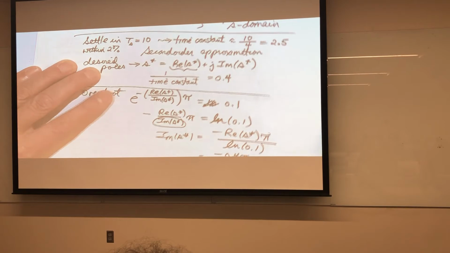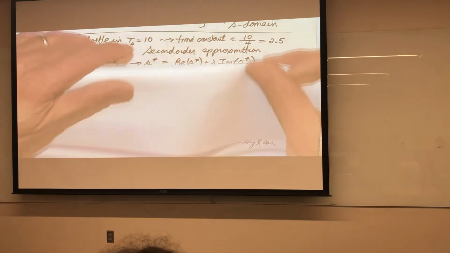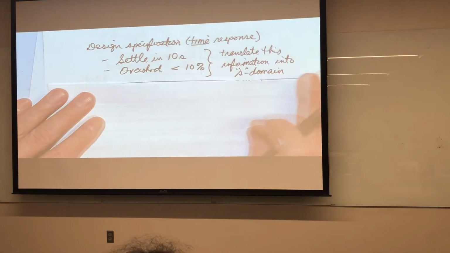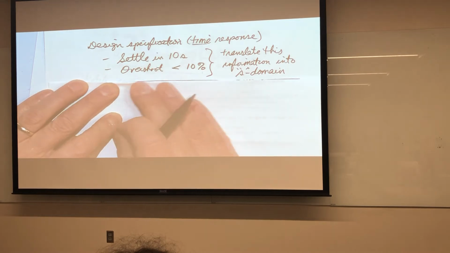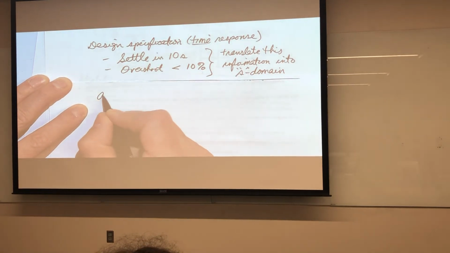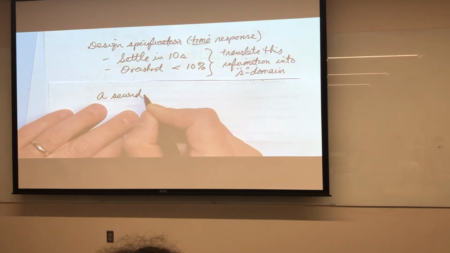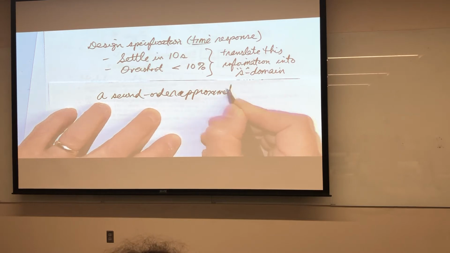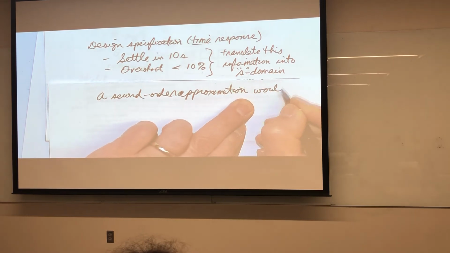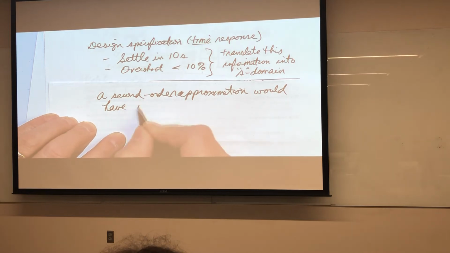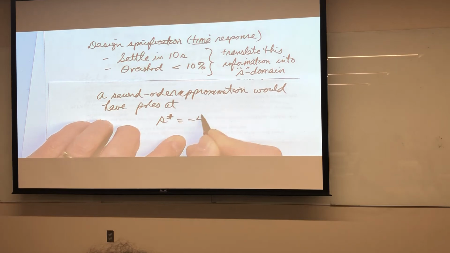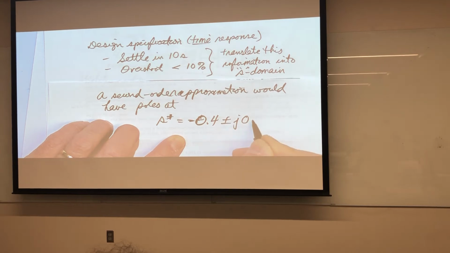And so the upshot of it all is we translated everything, and we say that these time domain specifications say that a second order approximation would have poles at S star equal to negative 0.4 plus or minus j 0.5.